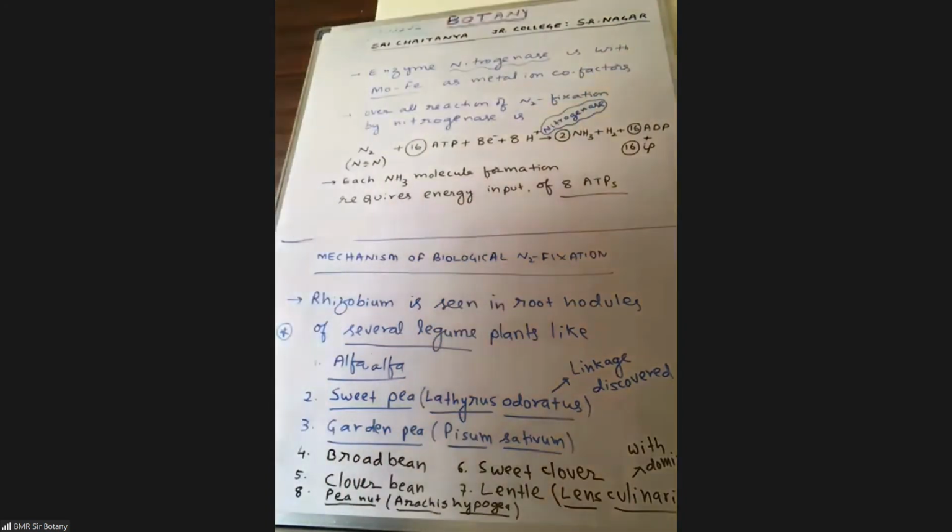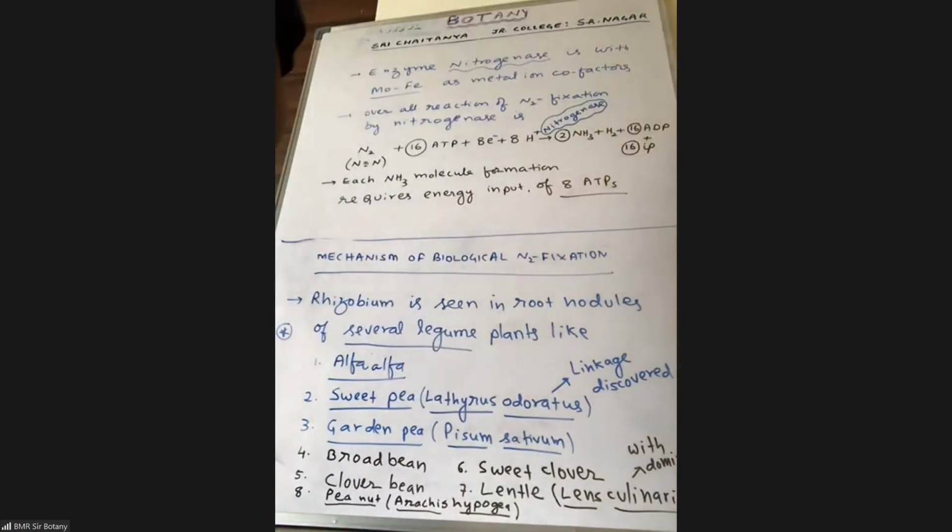Like hemoglobin, sir. It is like hemoglobin occurring in legume plant, therefore it is called leghemoglobin. Heme part of it is from Rhizobium bacterium. Globin part is from the host cell synthesized. That point we discussed yesterday, right? Yes, sir.